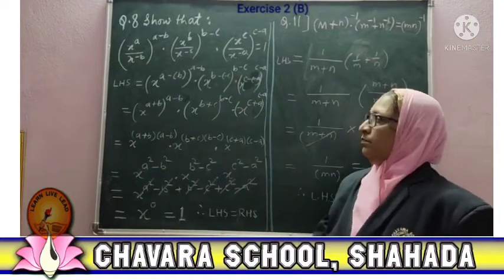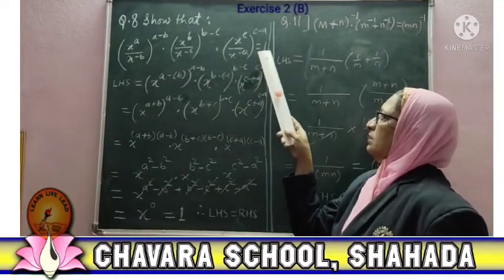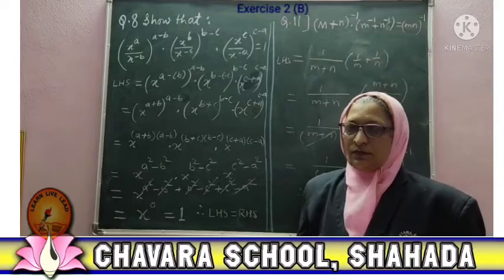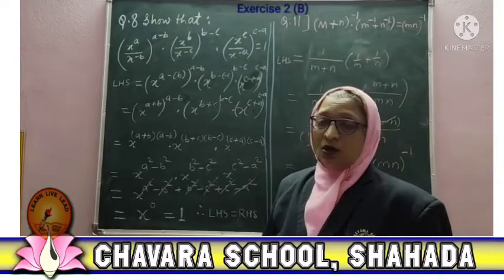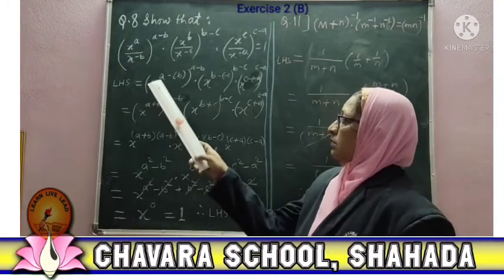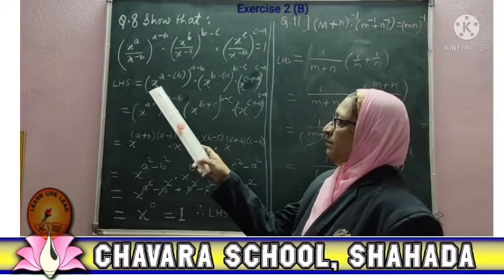We have to show here that the left hand side is equal to the right hand side. By using the laws of exponents, we solve this example.